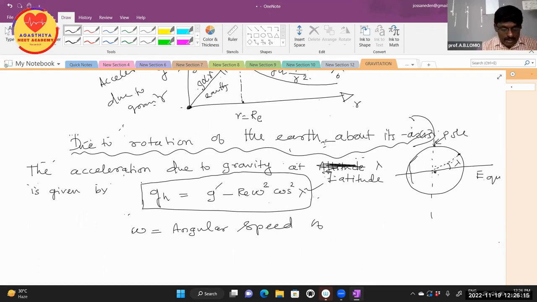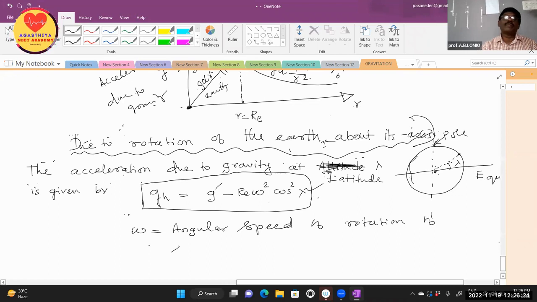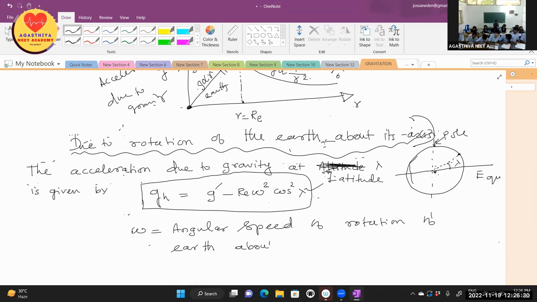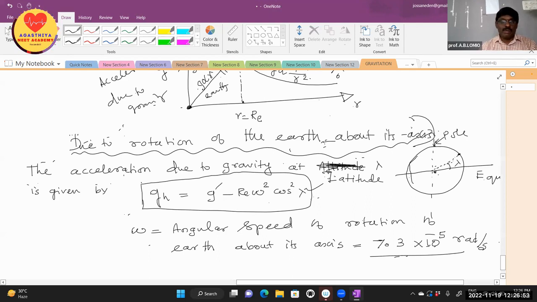Omega is the angular speed of rotation of the earth. This value is equal to 7.3 into 10 to the power of minus 5 radian per second. You have to memorize this value, 7.3 into 10 to the power of minus 5 radian per second.